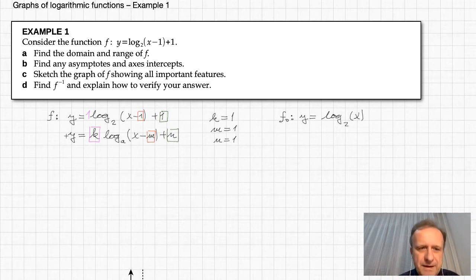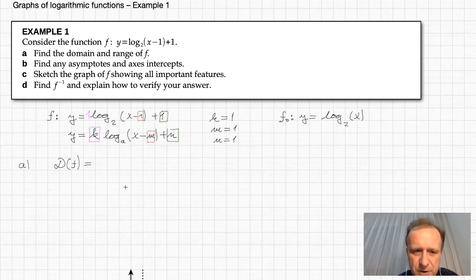Okay, so now let us start with part A. Find the domain and range of f. So the domain is the set of all numbers for which it is defined. Now look, if you see the formula for the function, there is the logarithm of something. This number in the brackets has to be such that the logarithm can be calculated.